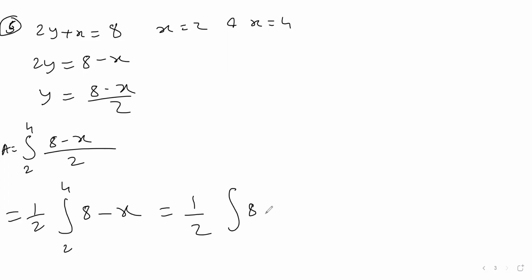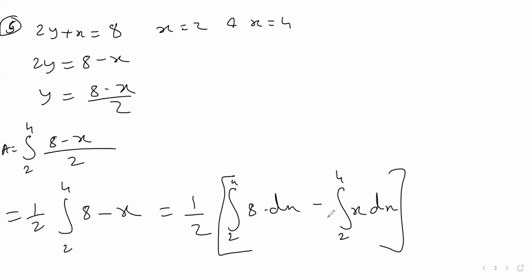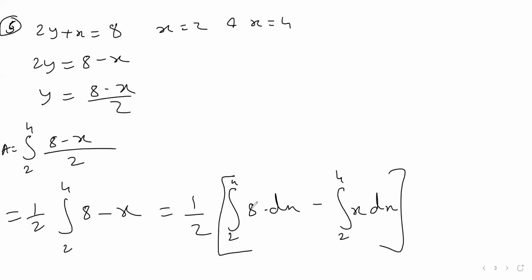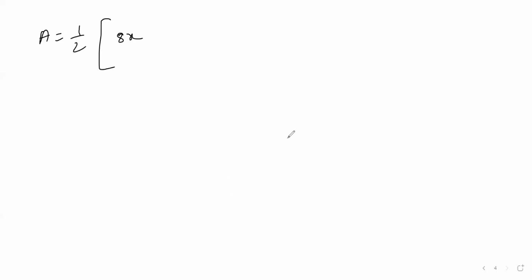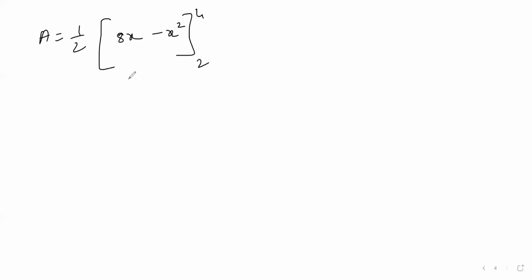That is 1 by 2, integration 8 dx minus integration x dx. So this is 1 by 2. Integration 8 is 8x. And this is minus x square. This is 2 to 4.